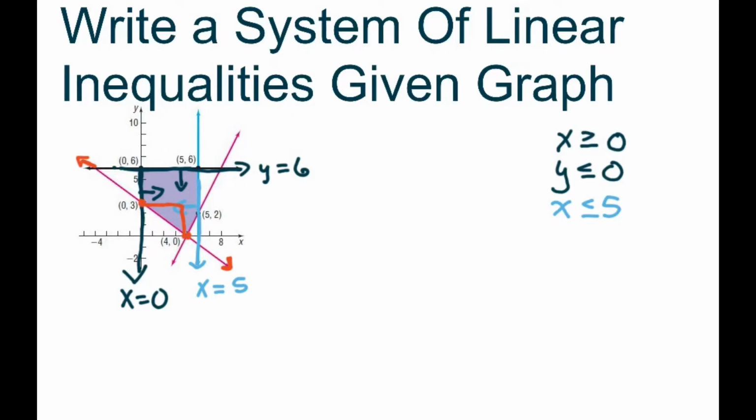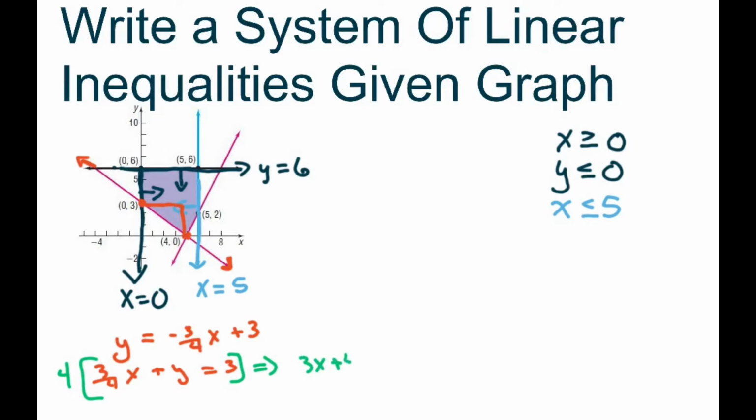So your slope's going to be, we're going to just write as y equals negative 3/4 x. Rise over run. Now my y-intercept is just 3. So simplifying this, I'm going to write 3/4 x plus y equals 3. And we can't have a fraction in standard form, so just multiply everything through by 4. That's going to give you 3x plus 4y equals 12.